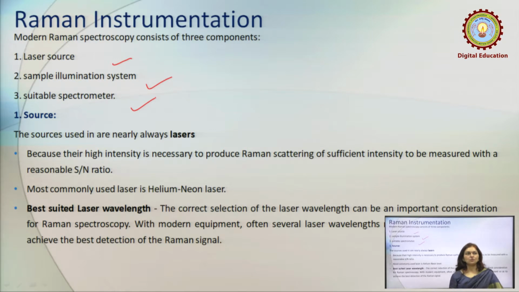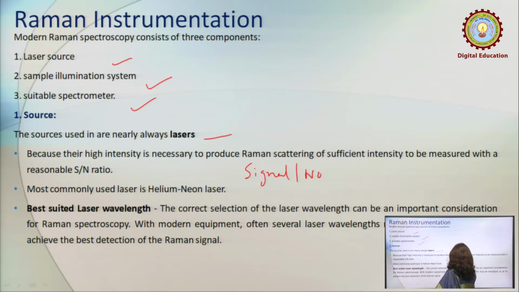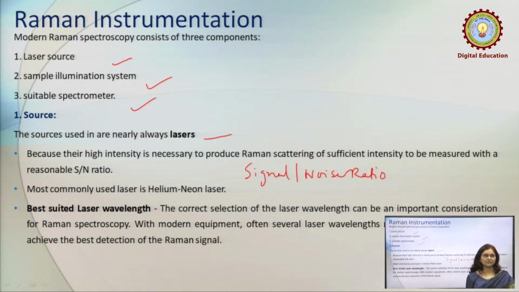The source used is nearly always a laser, because the high intensity is necessary to produce Raman scattering of sufficient intensity to be measured with a reasonable S/N ratio. S/N means signal to noise ratio. The better the signal to noise ratio, the better the quality of the spectra.